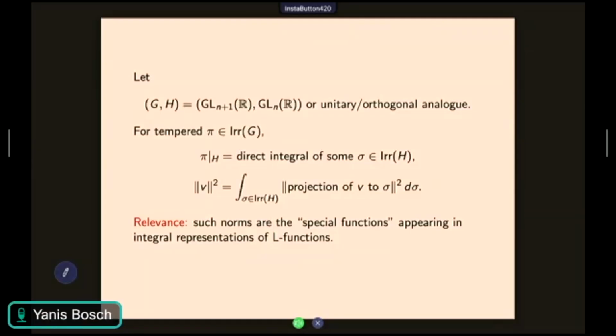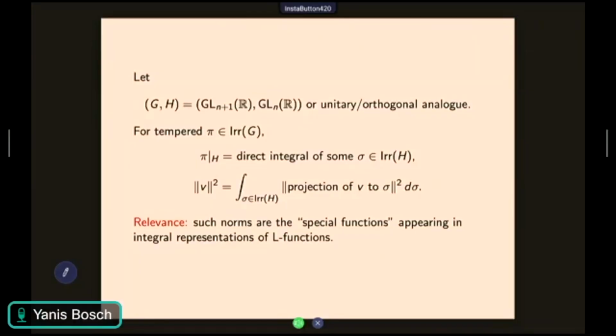So this whole problem of producing vectors for which the special functions are, for instance, non-zero, and more precisely quantitatively large, boils down to understanding something about these projection norms in an abstract setting. If you have a good handle over how to produce vectors and estimate the projection norms, you're at least in a good position to produce useful integral representations for L functions that are eventually well suited for their estimation.